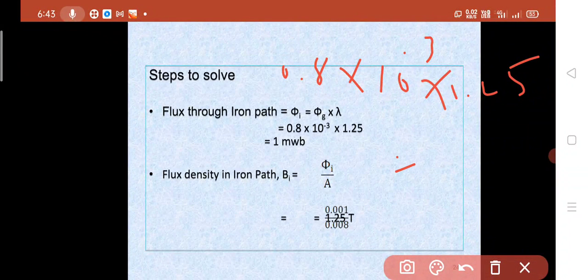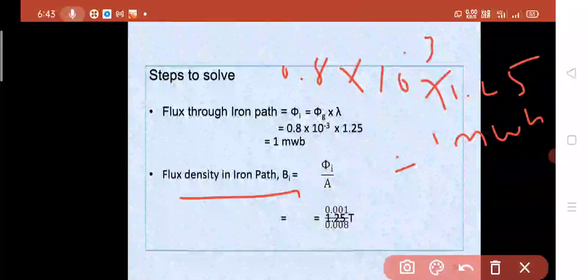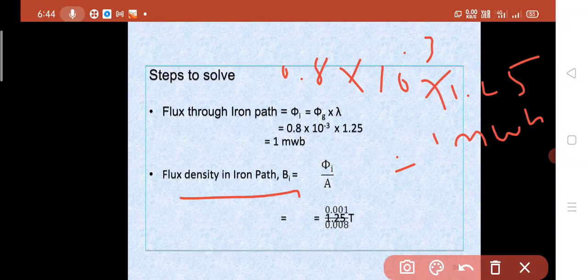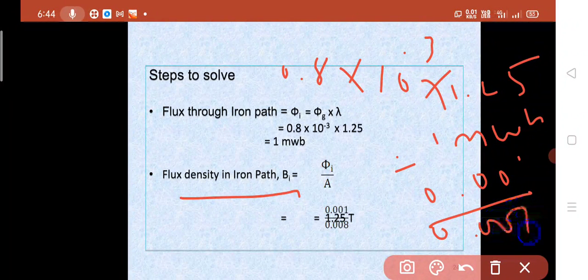So the answer is 1 milliwebers. Now flux density in iron path Bi is phi i by A. Phi i value is 1 milliwebers, so 0.001. Now A value is 0.008. So 1.25 tesla.